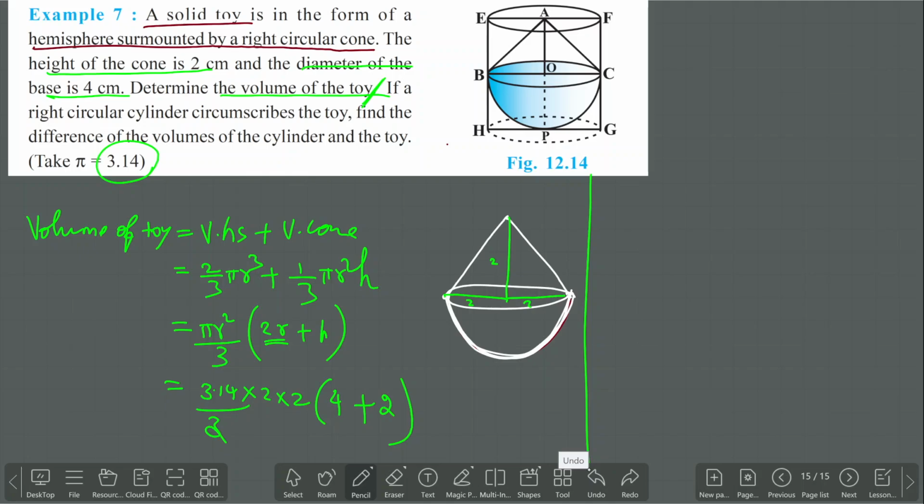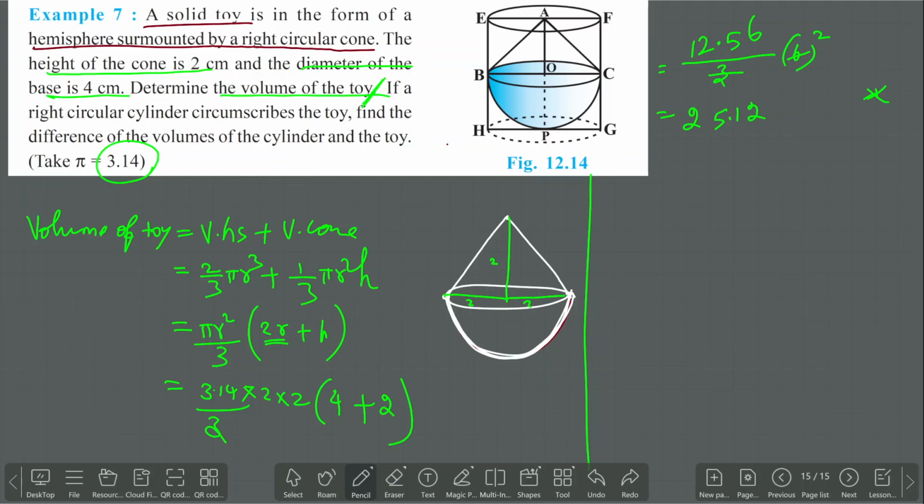Now 2 plus 2 is 4, you multiply with this. 4 fours are 16, remaining 1, 1 four is 4, 4 plus 1 is 5, and 3 fours are 12. After two digits give the decimal point: 12.56 divided by 3. 6 ones are 6, then 2. 6 twos are 12, remaining 1. 5 twos are 10, 10 plus 1, 11, remaining 1 again. 4 plus 1, 5. 1 two is 2.